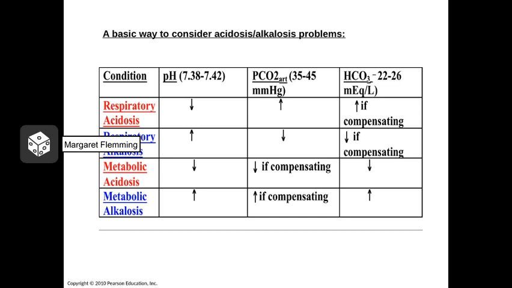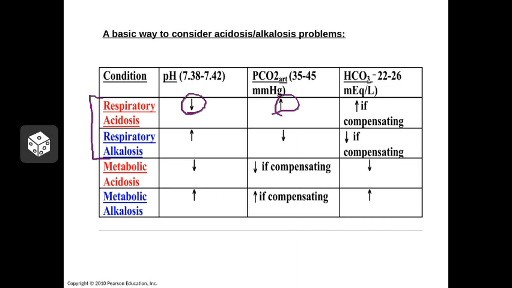All right, let's take a look at what causes these problems. Taking a look at respiratory problems. If the respiratory rate decreases, there will be an increase in PCO2. And that will result in a decrease in the pH.